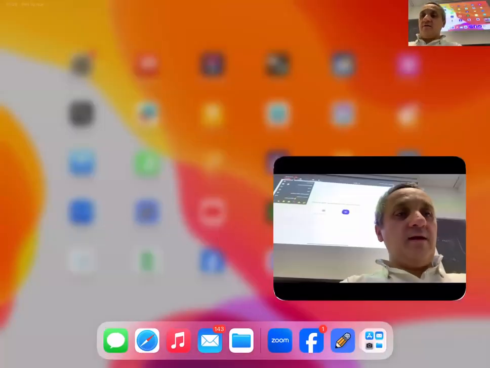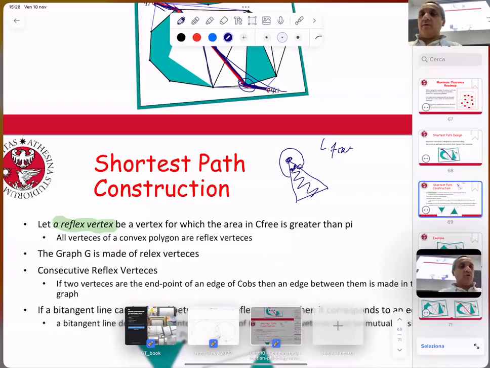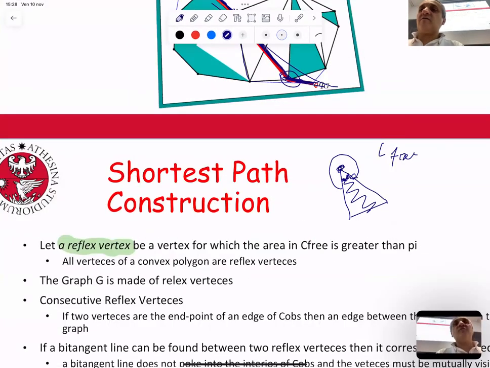Okay, so going back to this guy here. As I said, a reflex vertex is a vertex such that the part of the angle that lies within the configuration free space is greater than pi.